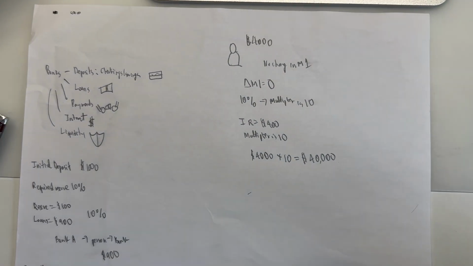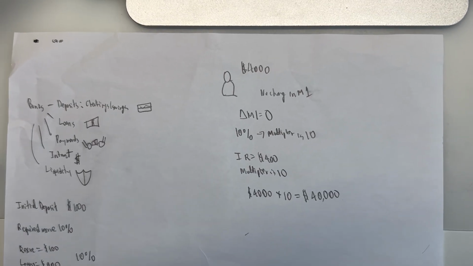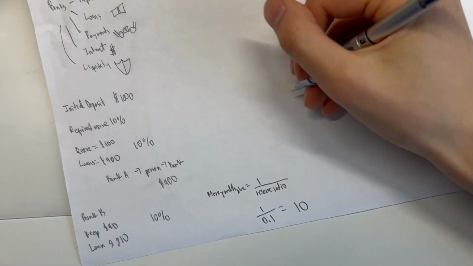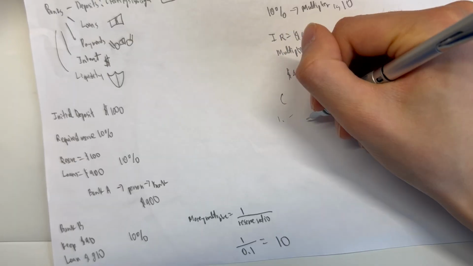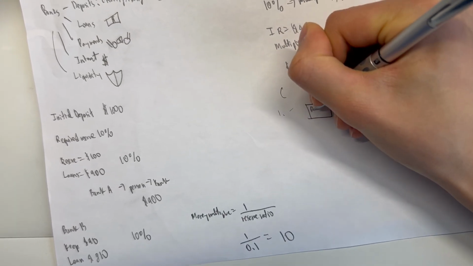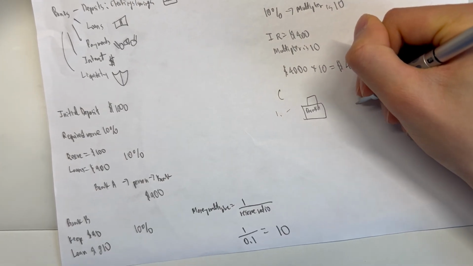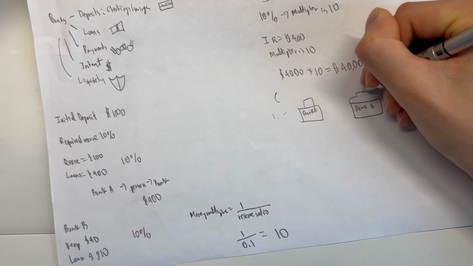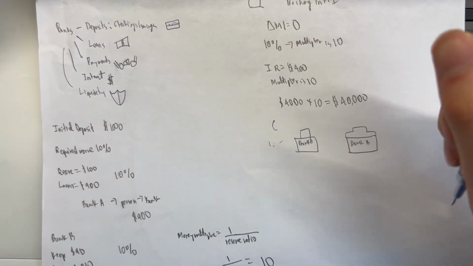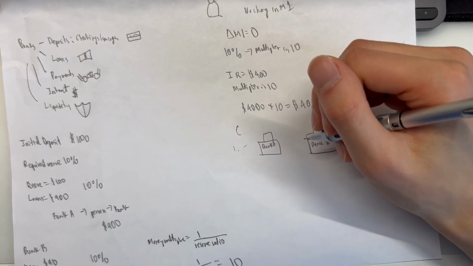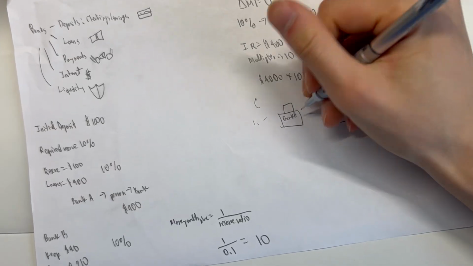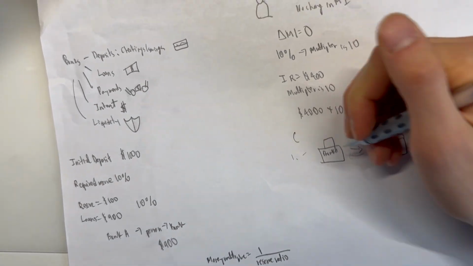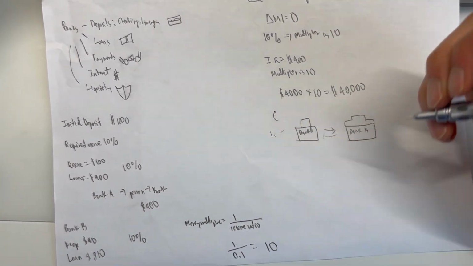And part C, if banks cannot meet the required reserves, what they can do is, let's say this is Bank A, and this is Bank B. They can borrow reserves from other banks in the federal funds market to meet their reserve requirement.